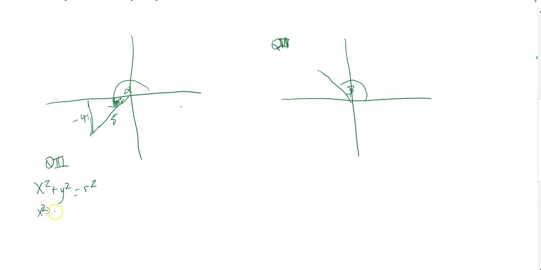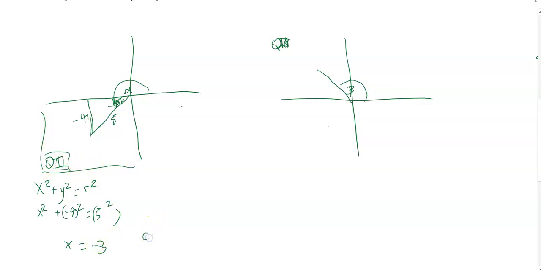So x squared plus -4 squared is equal to 5 squared. If we simplify this down, x would be plus or minus 3, but we take the negative because we're in quadrant 3. So x is equal to -3.